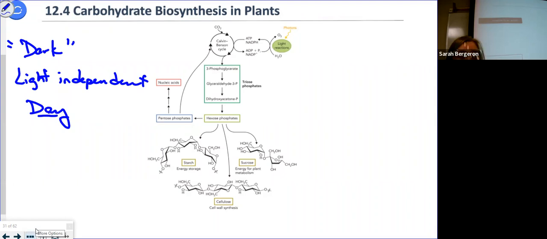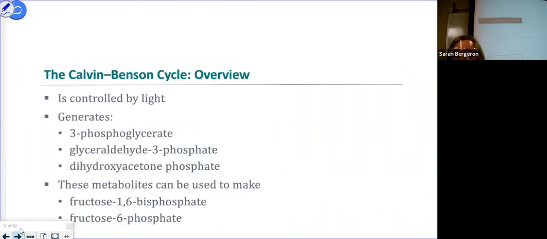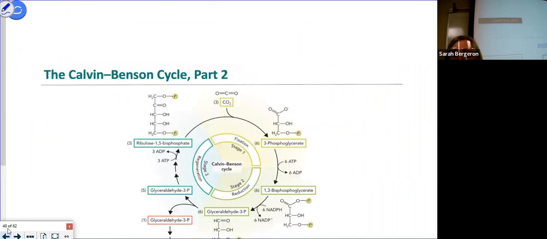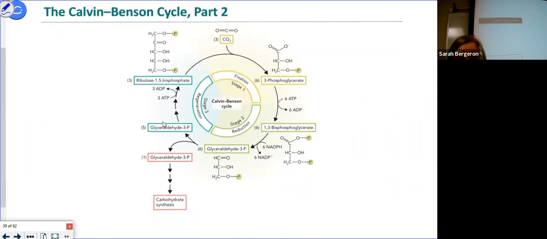All right, I am going to skip ahead to the end of the section, and then we're going to come back to this because I actually want to give you guys an overview before we really talk about all the details. So when you look at the Calvin-Benson cycle, it's really what I call carbon shuffling. You're just shuffling around carbons.